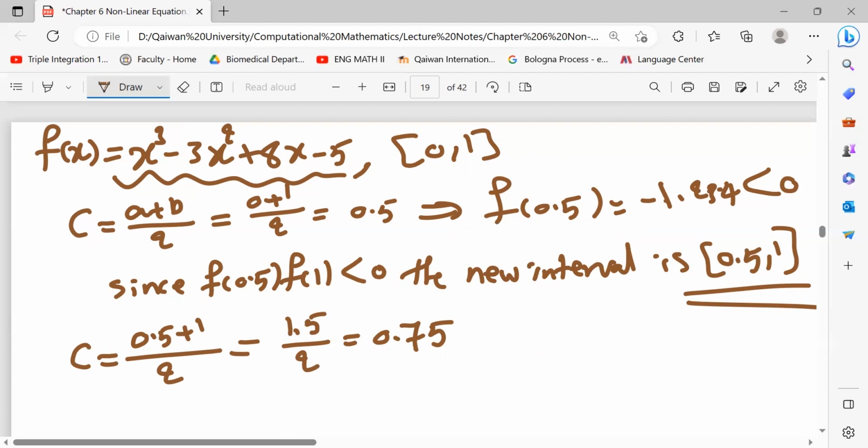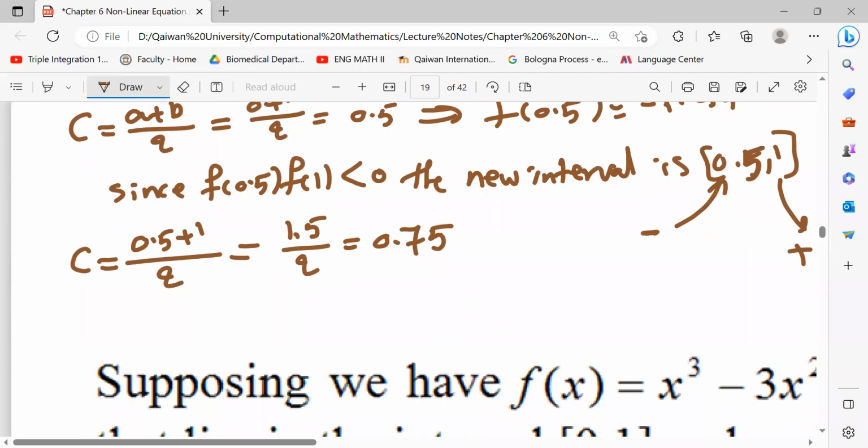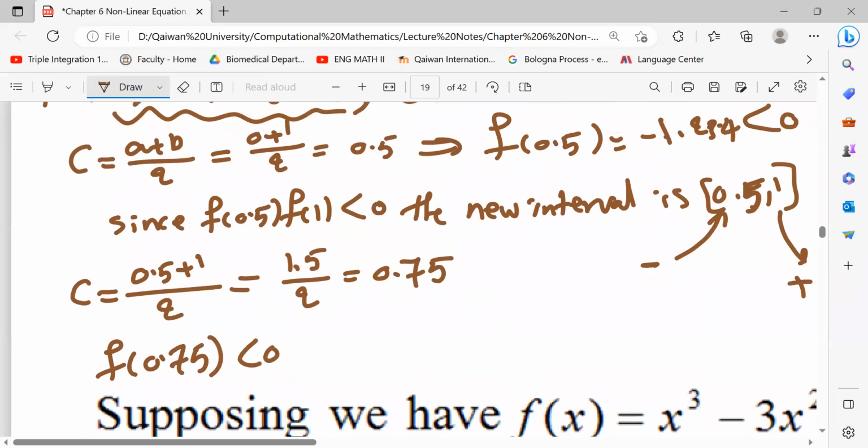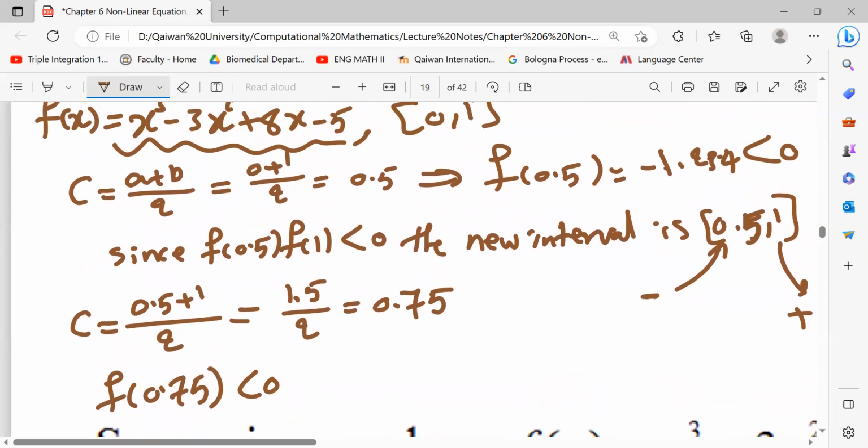Now we test this. But be careful here, always from the previous step, you could get that. Look, f of this is negative, and f of this is positive. We need to find f of 0.75. If it is negative, what's our new interval?